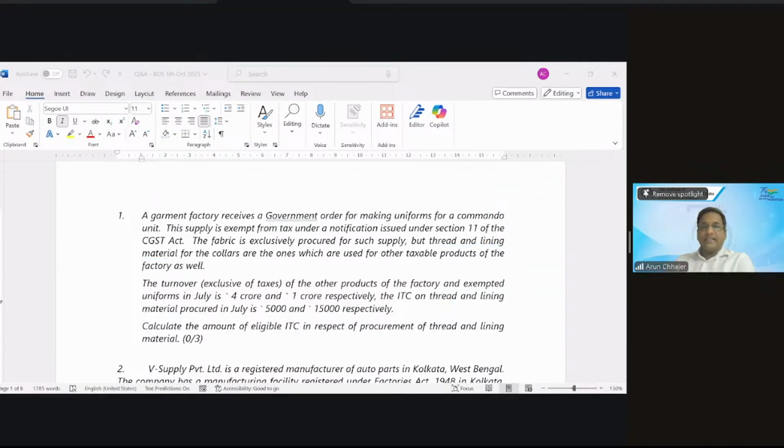So I can say 20,000 multiplied by E. What is the E? What was the exempt supply? Exempt uniform is 1 crore, multiplied by 1 crore divided by 5 crore.